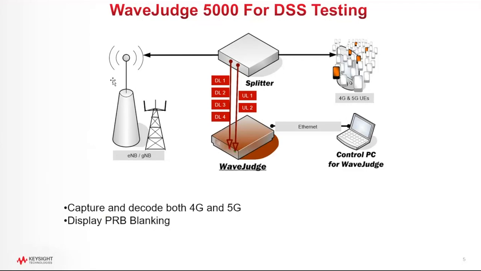Okay. Also, I'd like to highlight a very hot topic today, which is DSS testing. Okay. WaveJudge also supports DSS testing, which is not a very difficult thing for us to do, because remember, we capture both 4G and 5G.